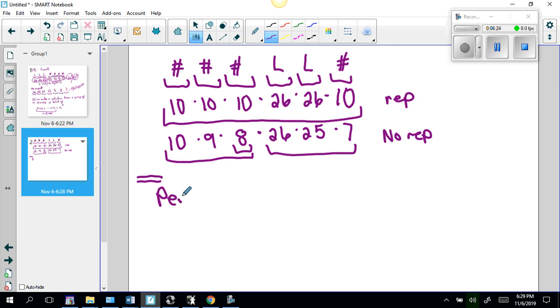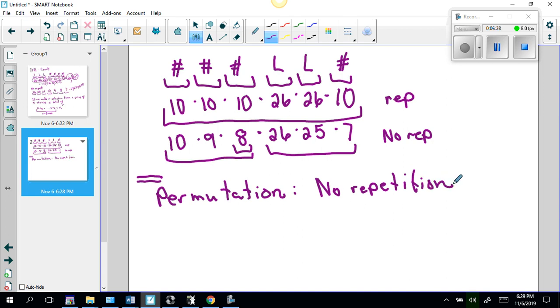All right, now they're going to get fancy on you. They're calling this thing permutations. Now, a permutation means no repetition. It means order is important.